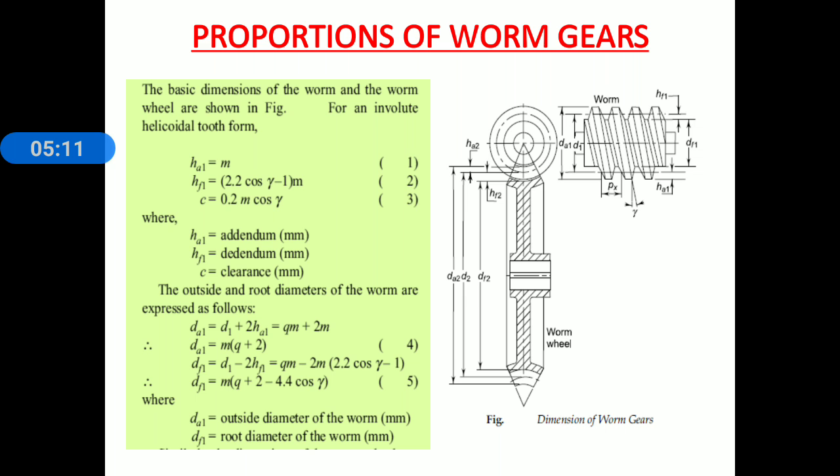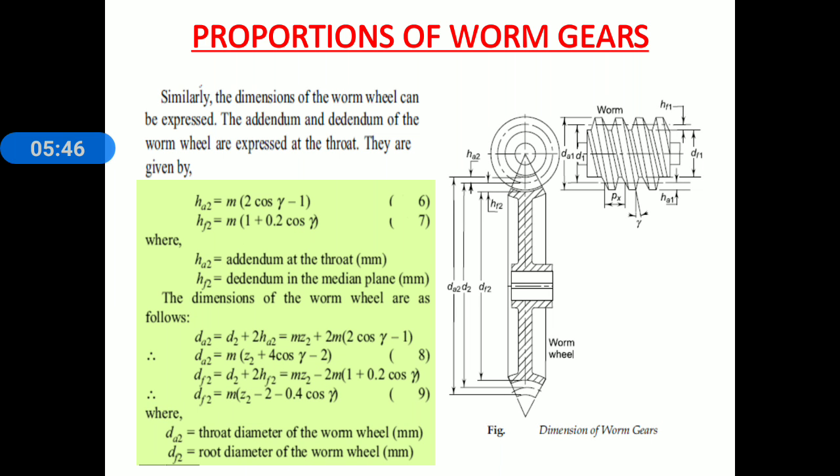DF1 is equal to qm minus 2 into bracket 2.2 cos gamma minus 1. Simplify this relation and we get the root diameter of worm DF1 is equal to m into bracket q plus 2 minus 4.4 cos gamma, bracket complete. Consider equation number 5, where DA1 is outside diameter of worm in millimeter, DF1 is root diameter of worm in millimeter.